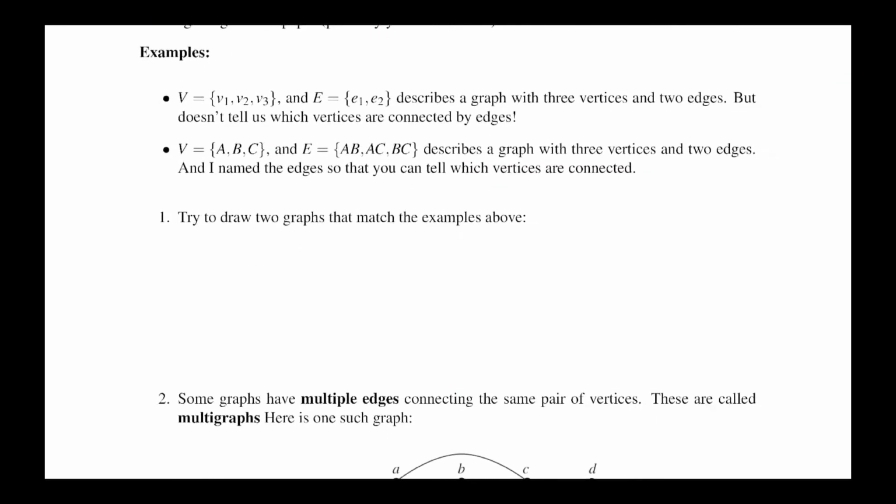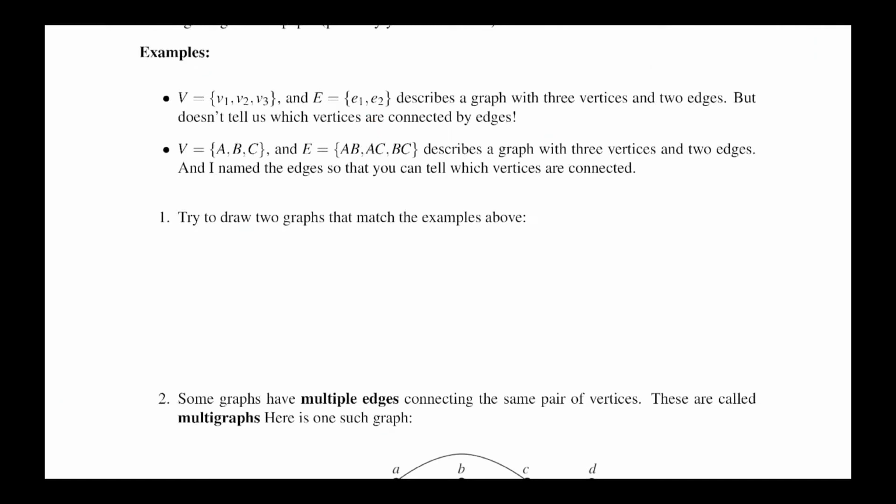So here's some examples. V1, V2, V3, E1, E2 describes a graph with 3 vertices and 2 edges, but it doesn't tell us which vertices are connected by the edges. And that's what we just talked about. You see E1 and E2 and you say, okay, that's 2 edges, but where are they? It doesn't say.